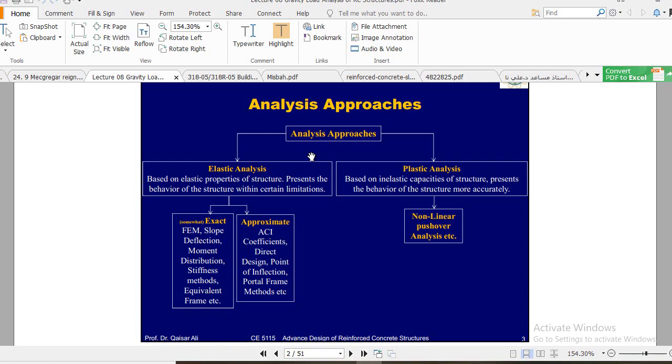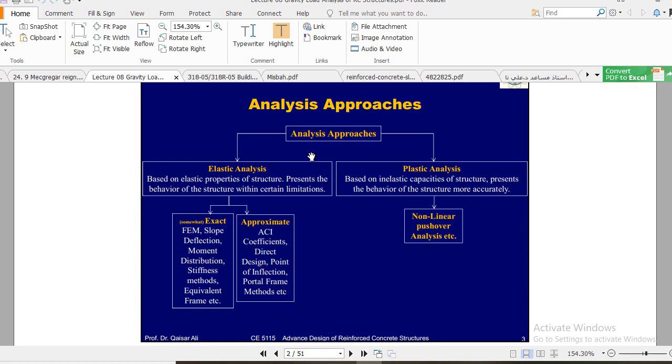In usual practice we use elastic analysis. Plastic analysis is also an approach, the most accurate approach, but it is very difficult to practically implement. Although we will use non-linear pushover analysis through ETABS, there are also some other difficulties.